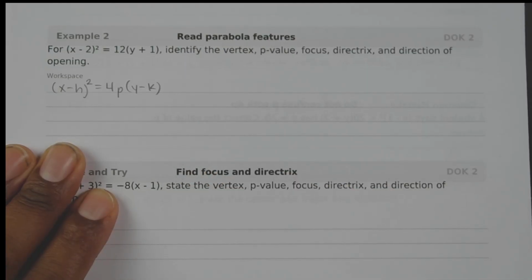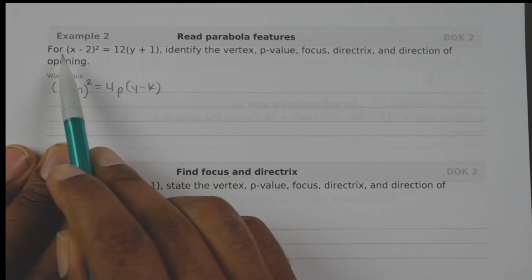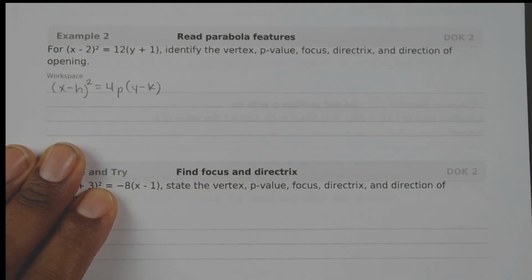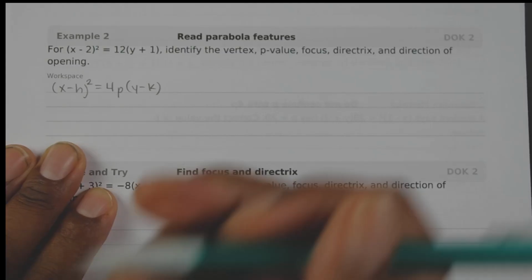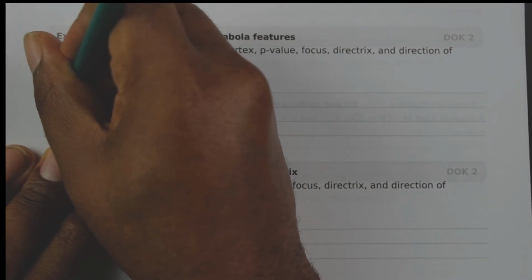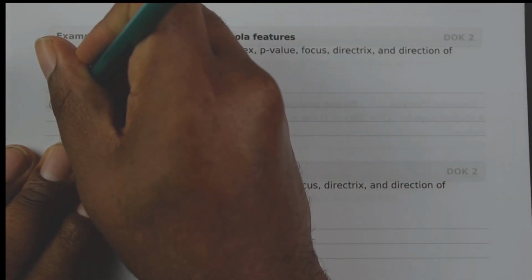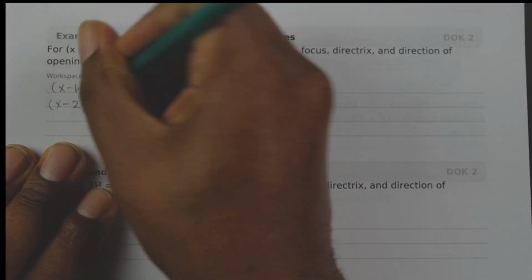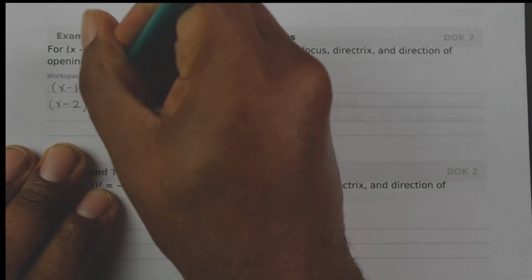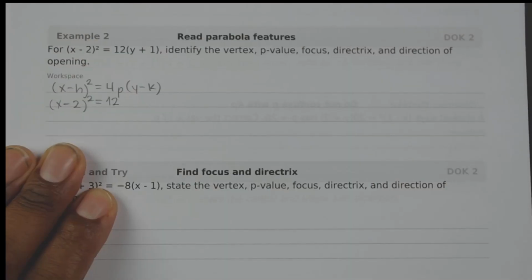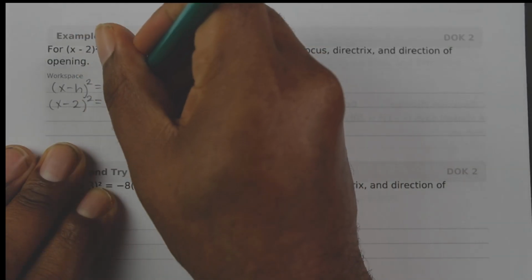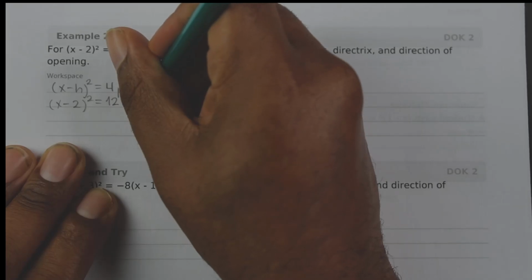Our equation is (x minus 2) squared equals 12 times (y plus 1).